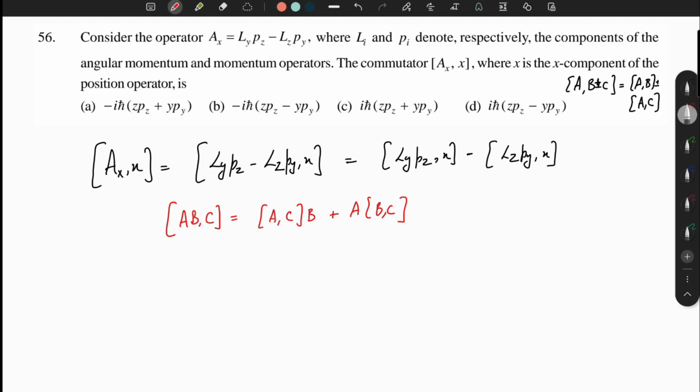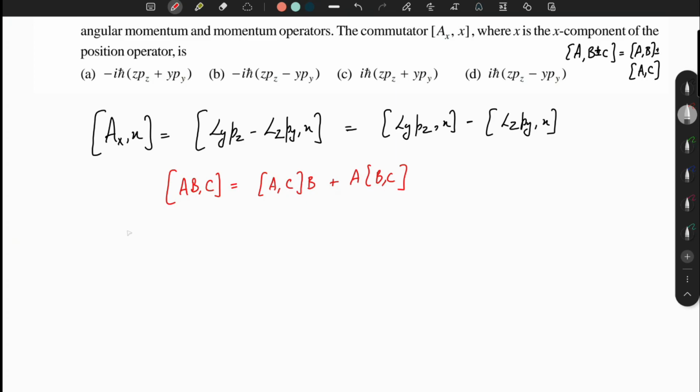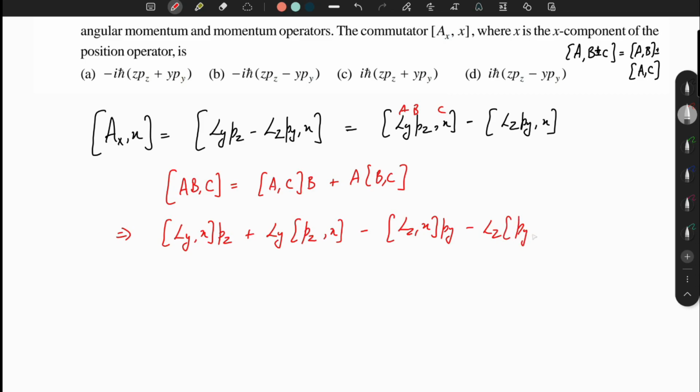Now, this is A, this is B, this is C. So applying that, we will get commutator of Ly comma x into Pz plus Ly into commutator of Pz comma x, minus commutator of Lz comma x into Py minus Lz into commutator of Py comma x.